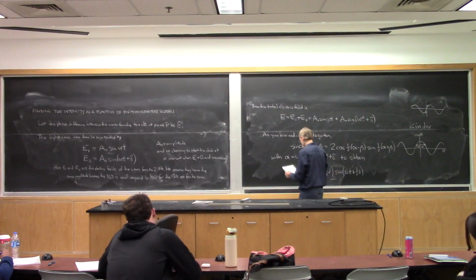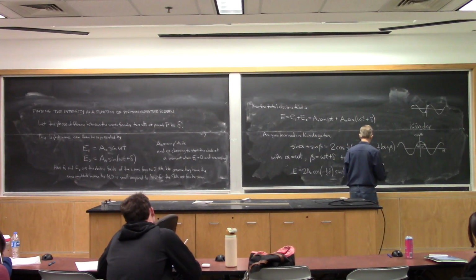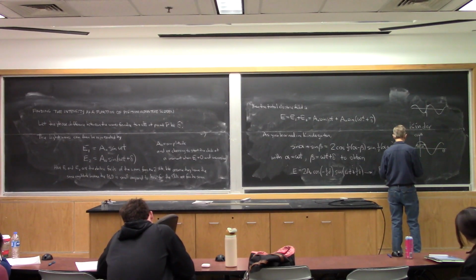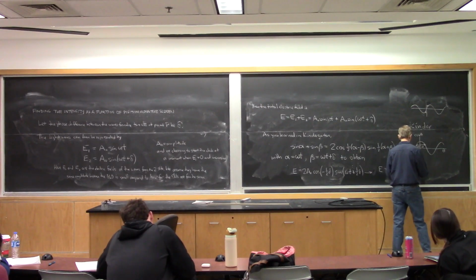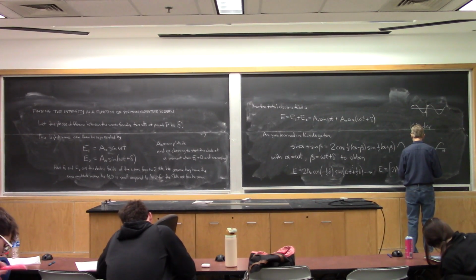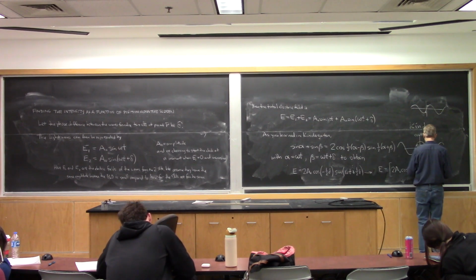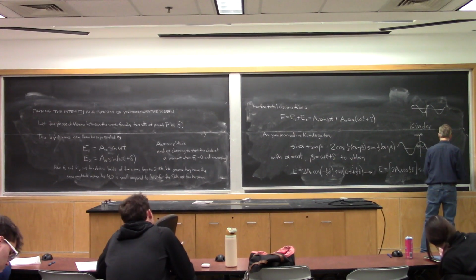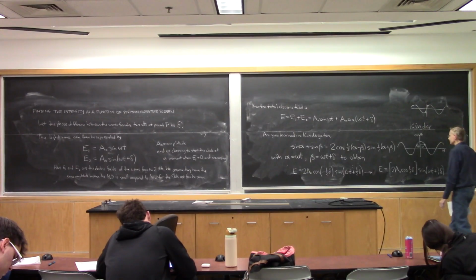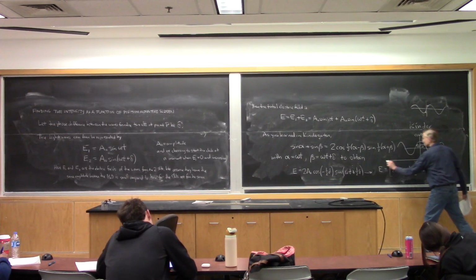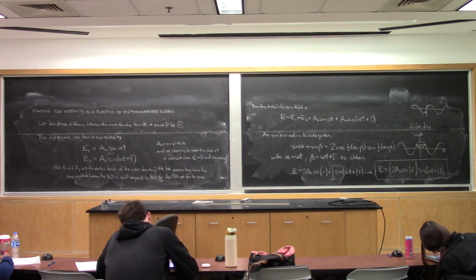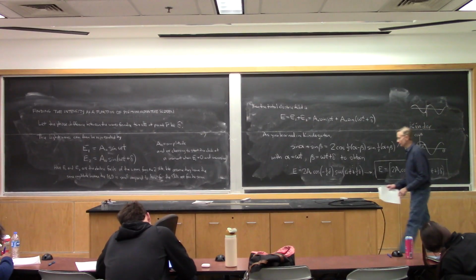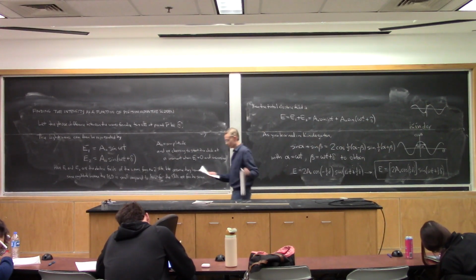Okay. So in other words, we can say that E is square brackets 2a naught cosine half delta times sine of omega t plus half delta. And if you want to put parentheses around the half delta, strictly speaking, you should, but we often don't.